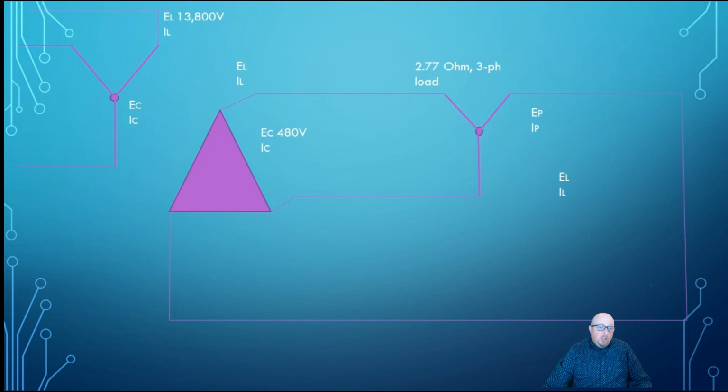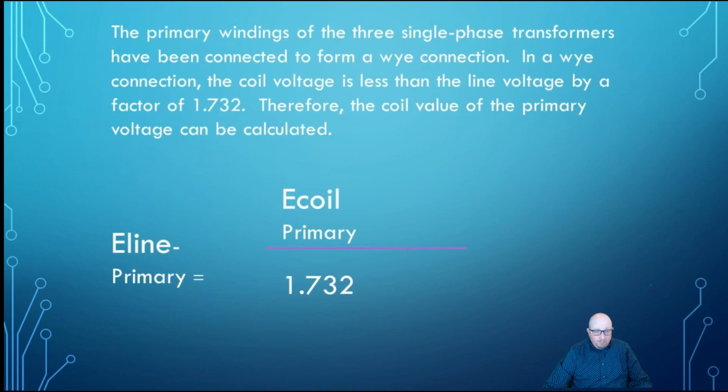So it looks complicated, but I want to show you how incredibly easy this is. The first thing we would say is the primary windings of the three single-phase transformers have been connected to form a Y. In a Y, the coil voltage is less than the line voltage by a factor of the square root of 3, or 1.732.